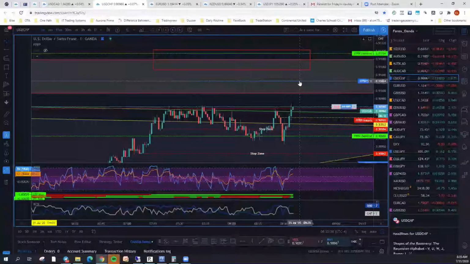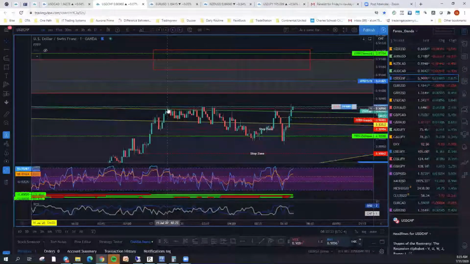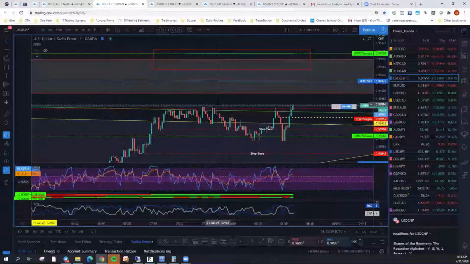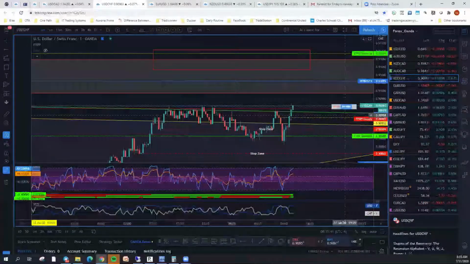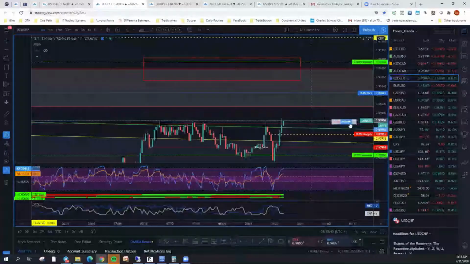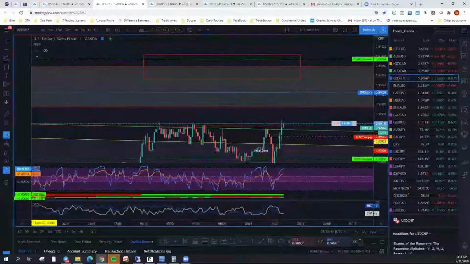My trade right now is from way back over here. It's just about break even right now. I'm at 1% of my account at this point, 1.5. Need just a little bit more.